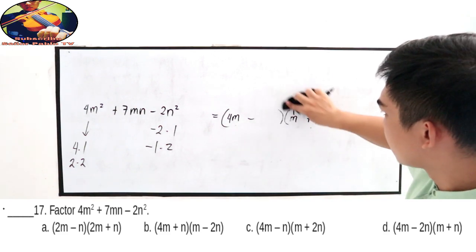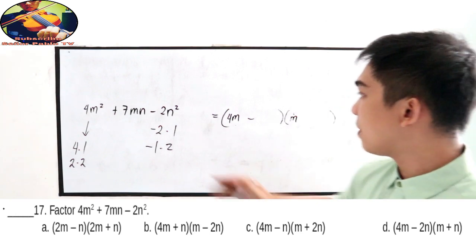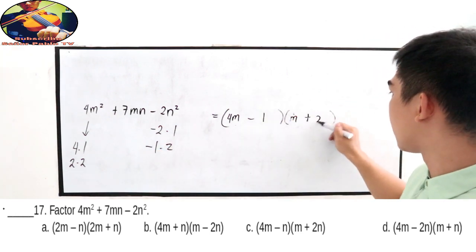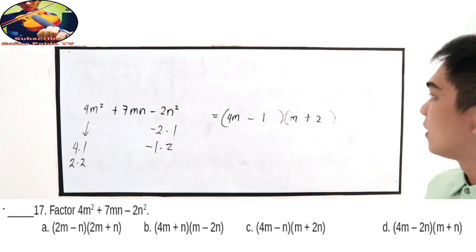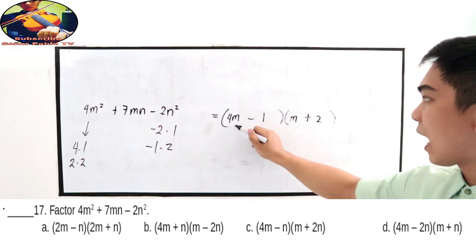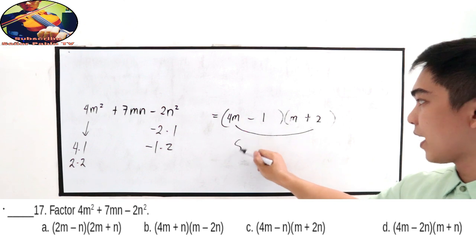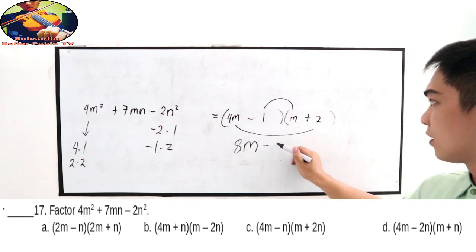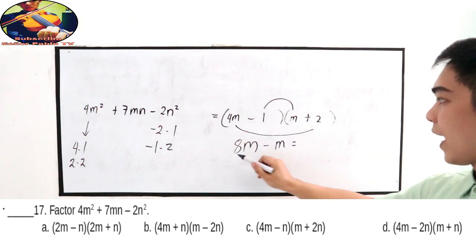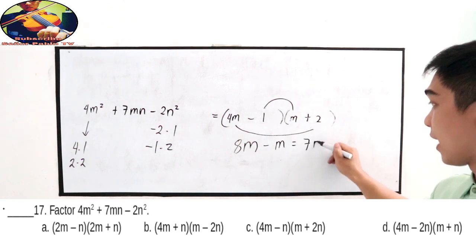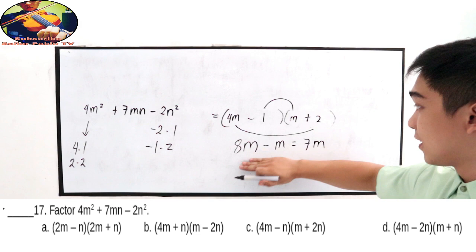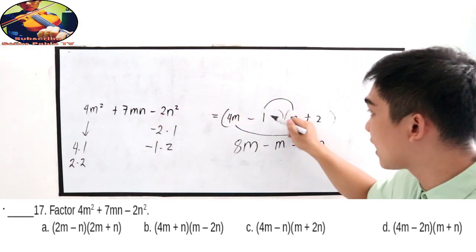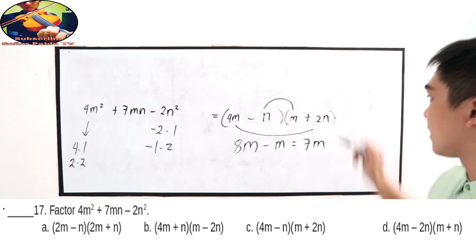Next, try naman natin si negative 1 tsaka positive 2 dito. So, outer to outer, that is 8m. Inner to inner, negative m. 8m minus m, 7m. So, 7m, parehas? O, mn. So, may n tayo. So, lagyan natin ng n, tapos n.